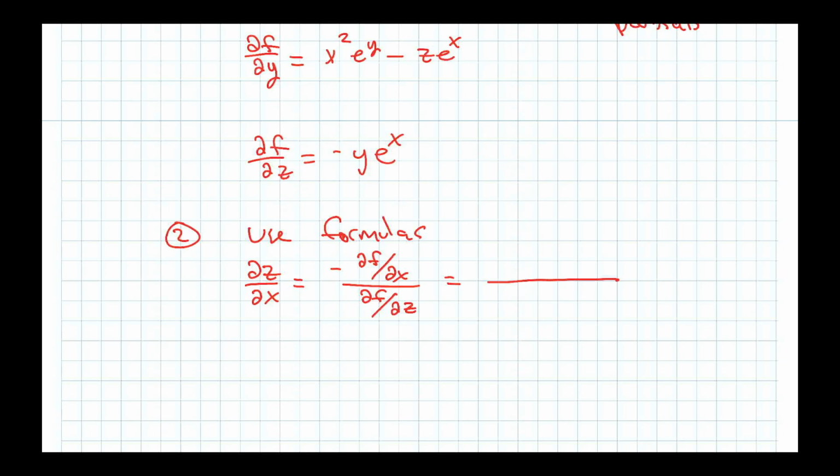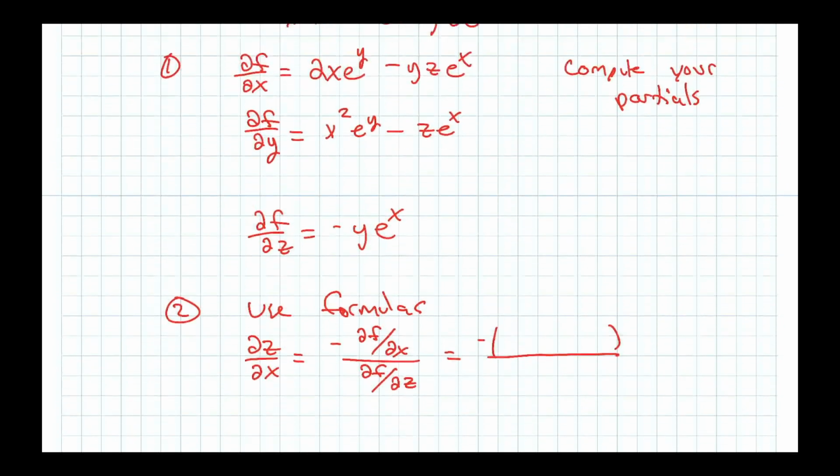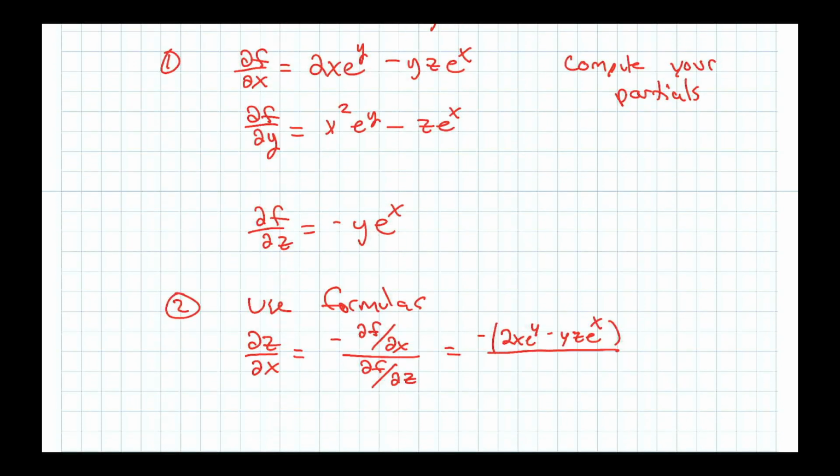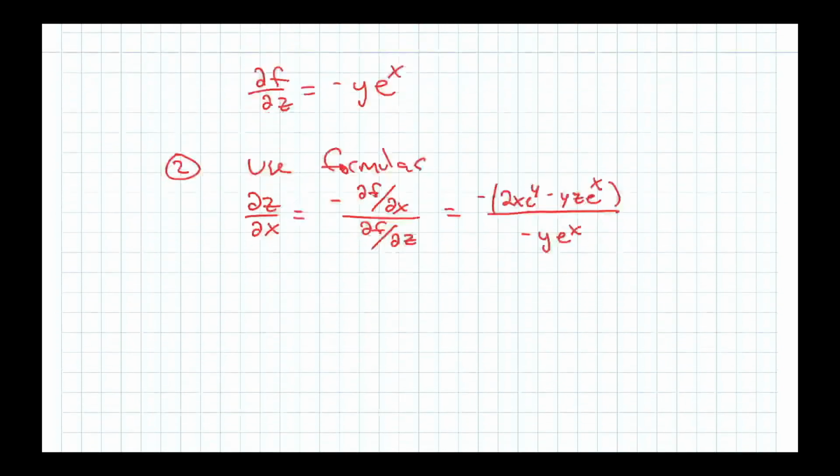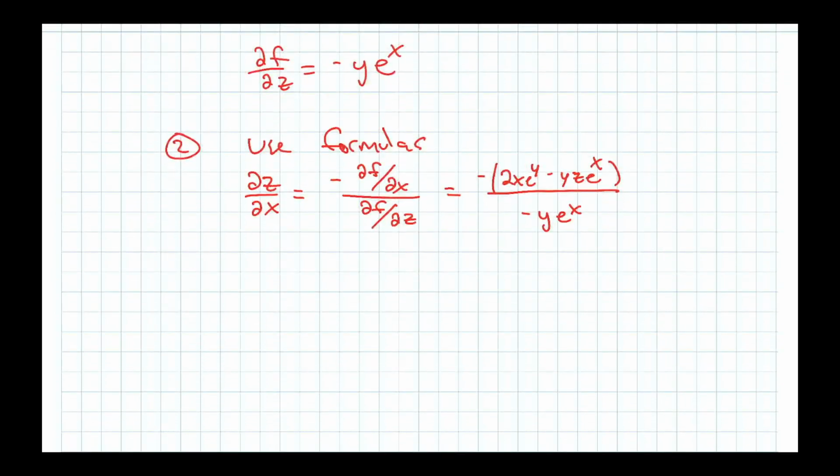So negative, the x derivative is 2x e to the y minus yz e to the x, and the df dz derivative is negative y e to the x. Having done that, I can just cancel those negatives. Okay, that's pretty straightforward.